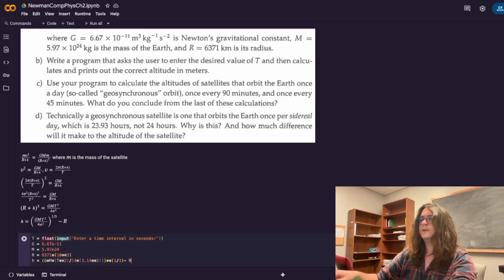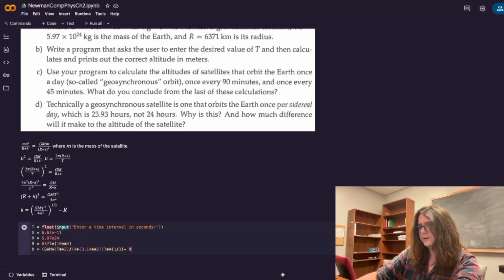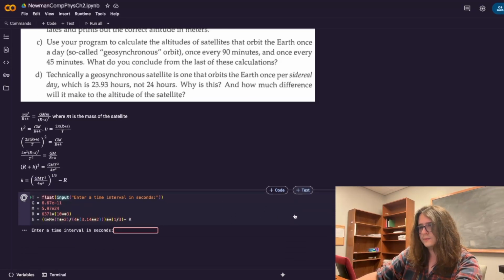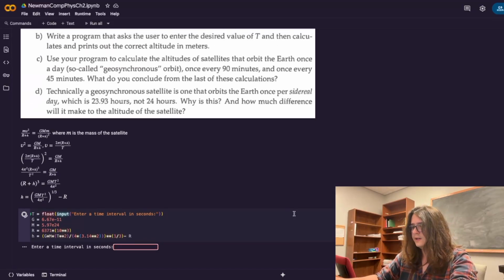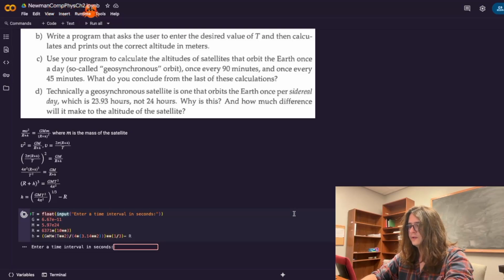So let's try it out. I think it's ready to run. Let's give it many seconds, like 3,600 seconds, or 36,000, I guess. Okay, it didn't print out h.